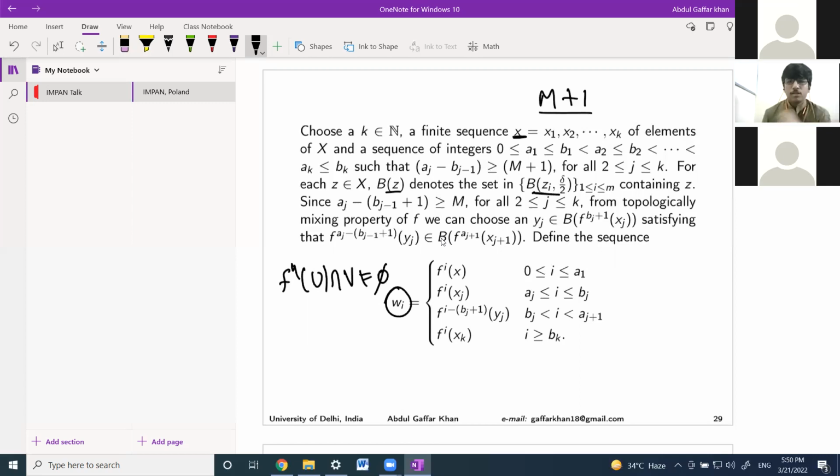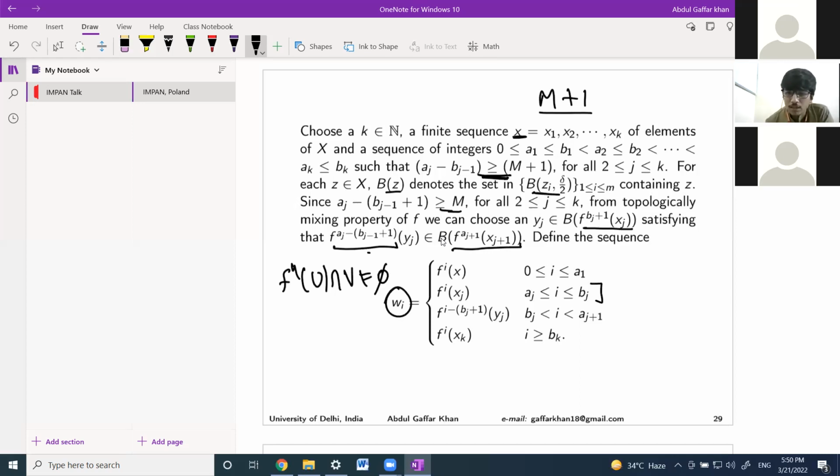It is constructed in the following way: since a_j minus b_(j-1) plus 1 is greater than or equal to m, using this inequality we can find a point in the ball containing f^(b_j+1)(x_j). So by mixing, we can find a point y_j which will intersect the ball containing f^(a_(j+1))(x_(j+1)). So it will help us to define a delta pseudo orbit in the following way, w_i.